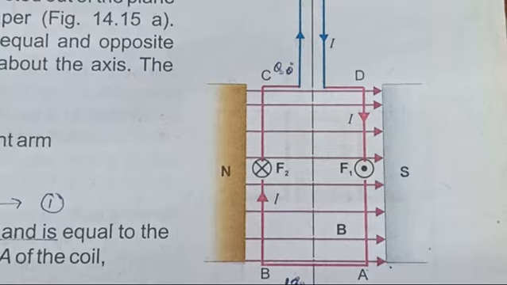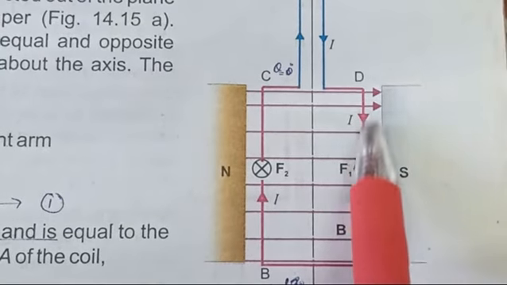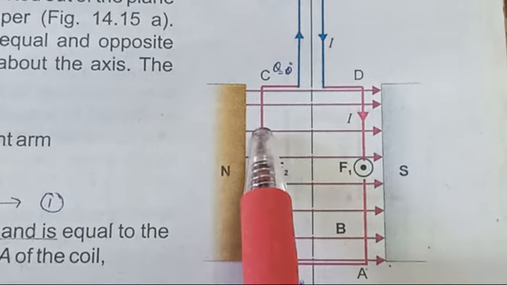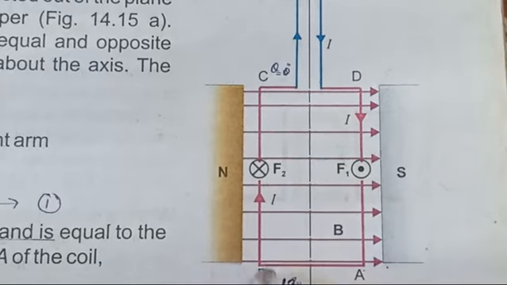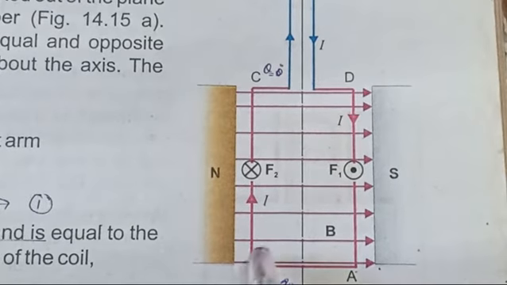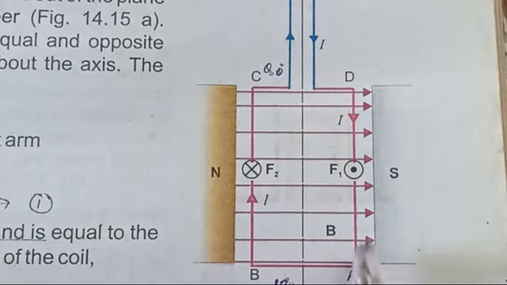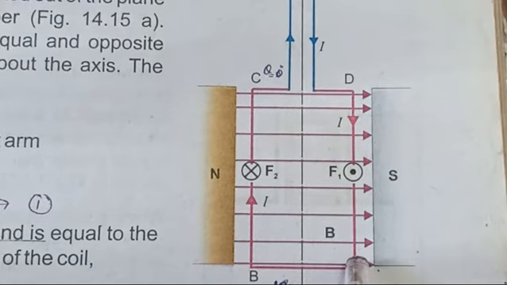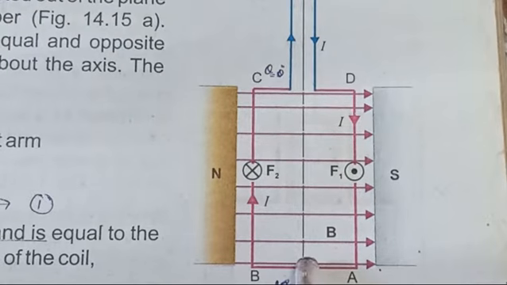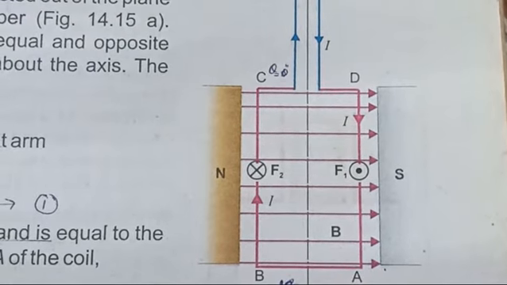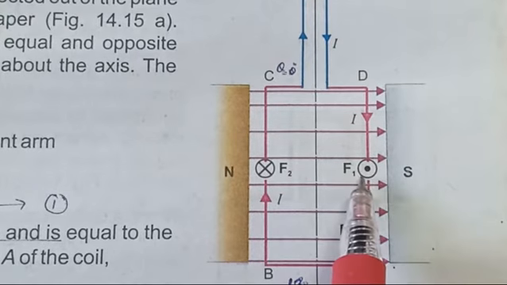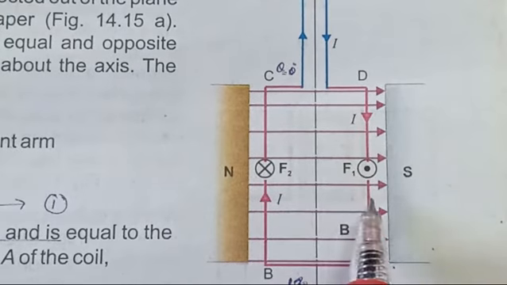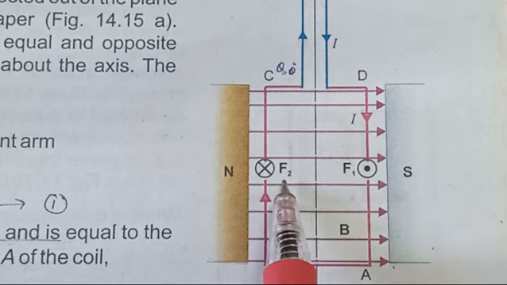While there are the other two sides, side AD and side CB. In case of these sides, the angle is 90 degree. The magnetic field is in this direction, and these sides are perpendicular to it. So angle theta is 90 degree, and the force on these sides will be calculated as follows. This one is F1, perpendicular side to magnetic field lines. This is F2.